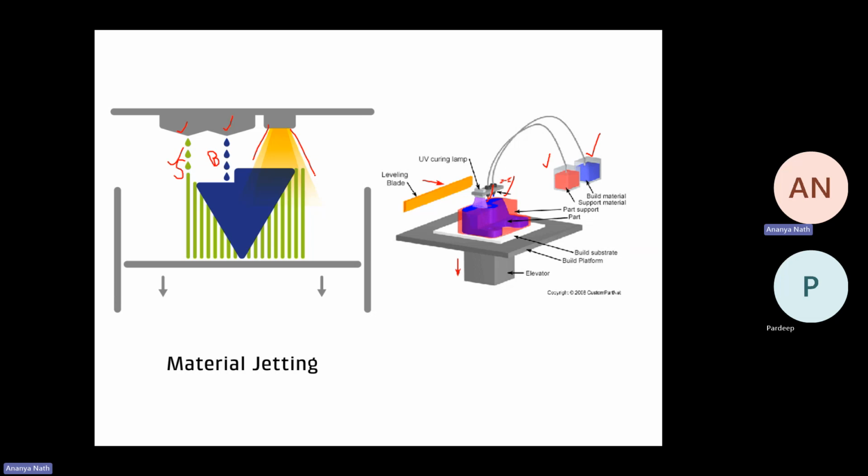Because if you just let the liquid droplet fall on top of the build plate, it will get cured but will take time. So to make the process faster, we are also providing UV light from the same CNC holder or CNC head to quickly cure the liquid droplet which is coming from the nozzle and getting deposited on the build plate.